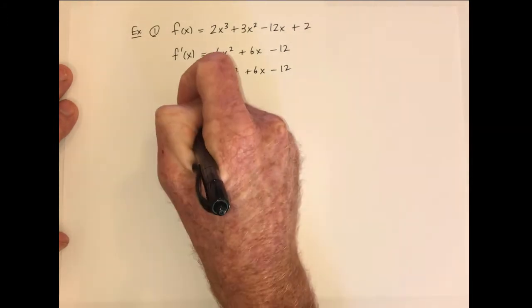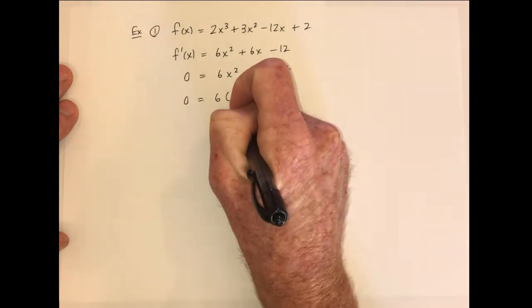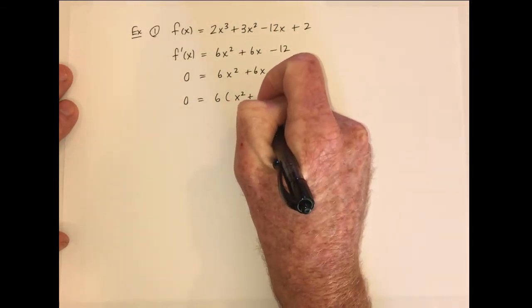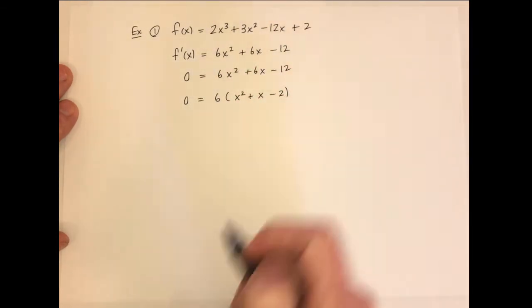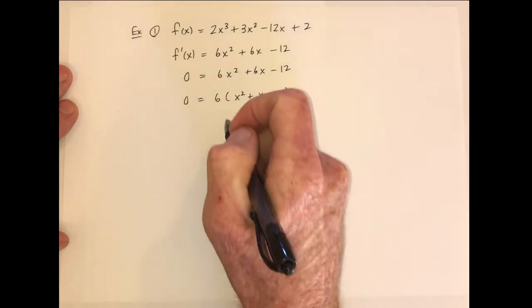And what I would like to do is factor out a 6. So that would leave x squared plus x minus 2. And perhaps this could be factored. If not, I could always use the quadratic formula. But I think this one could be factored.